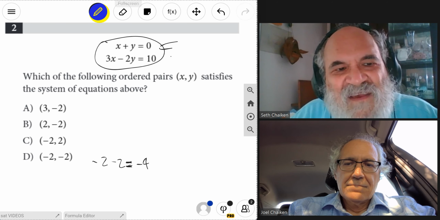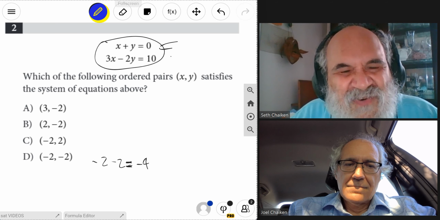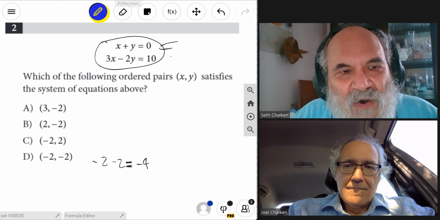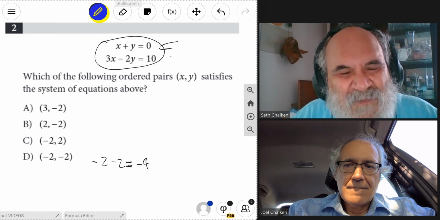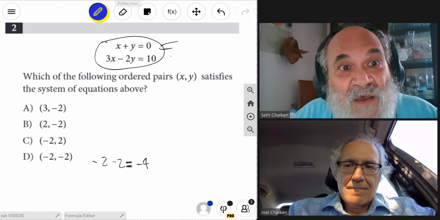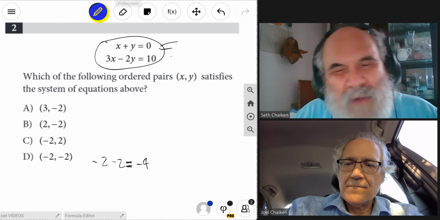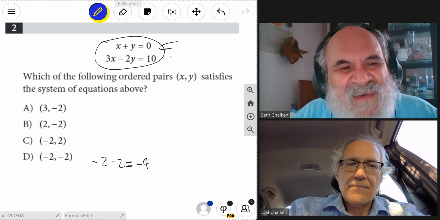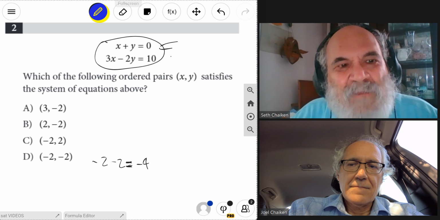So by trying D, you observe that any answer where x and y are both negative won't work, and likewise, any answer where x and y are both positive won't work. But it also leads you to see that the answers that do work are those for which the first number plus the second number equals 0, which means the only way that happens with signed numbers is if the two numbers have opposite sign.